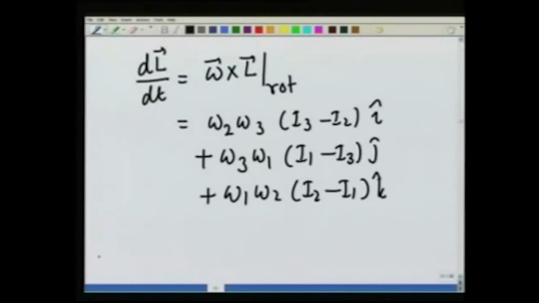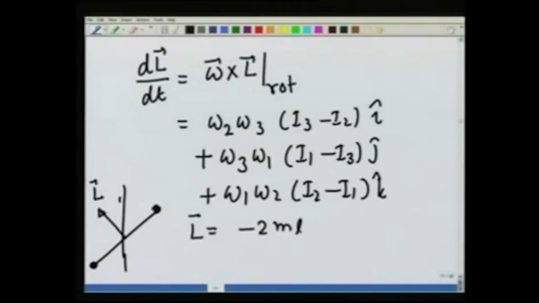And in the case of this rod that we took, L is in this direction. So, at any time L is equal to minus 2 m L square omega sin theta i. Omega is in this direction, omega cross L, you can see, will come out of the paper in direction 3.